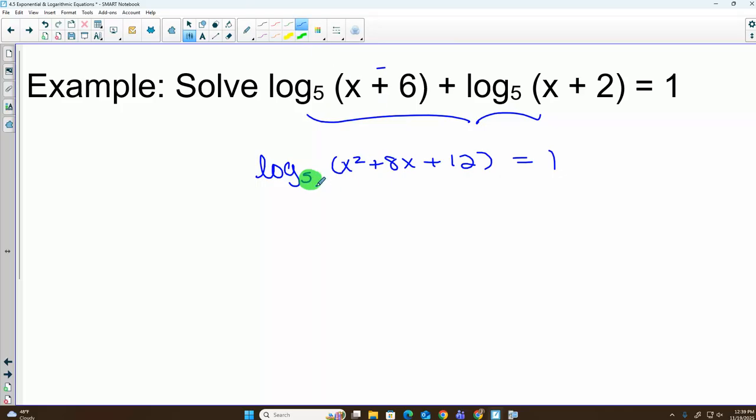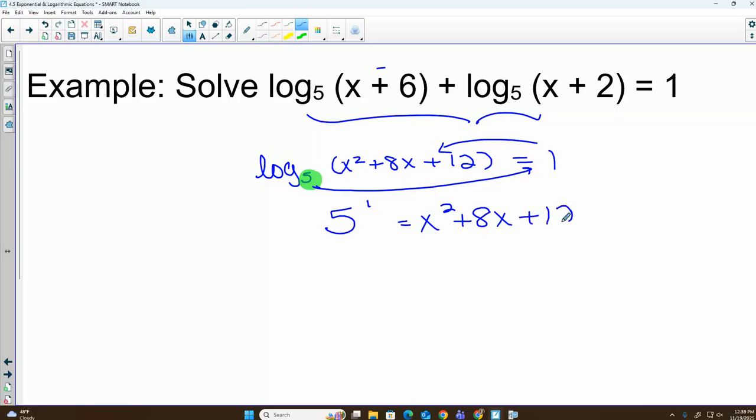We changed it to exponential. You start with the base. The base of the log becomes the base in the exponential. Go across the equal sign. So 5 to the first power is equal to x squared plus 8x plus 12. 5 to the first is just 5.